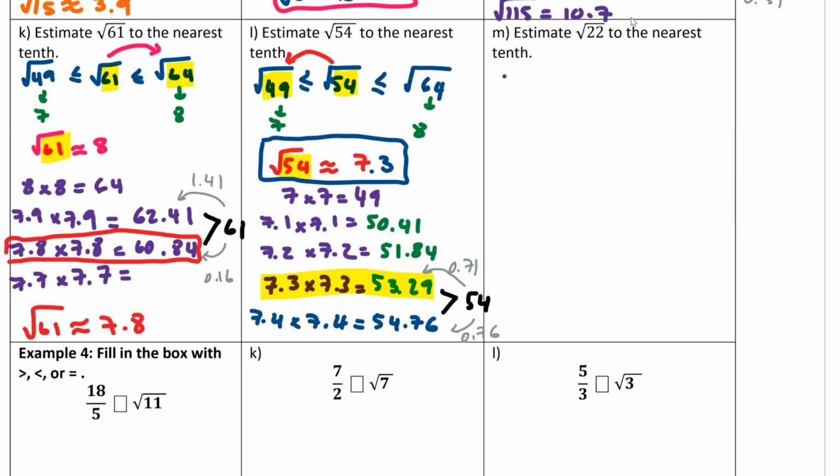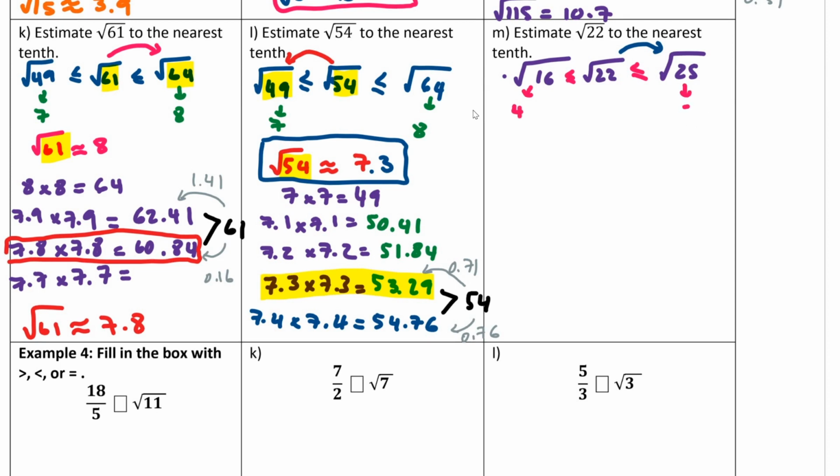Alright, last chance for you to practice here. Square root of 22. That would be what? 25 and then 16. 16 to 22 is 6 points away. But 22 to 25, there's only what? 3 points. Okay. So the square root of 16 is 4.